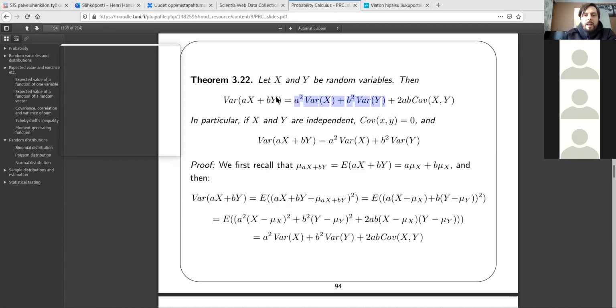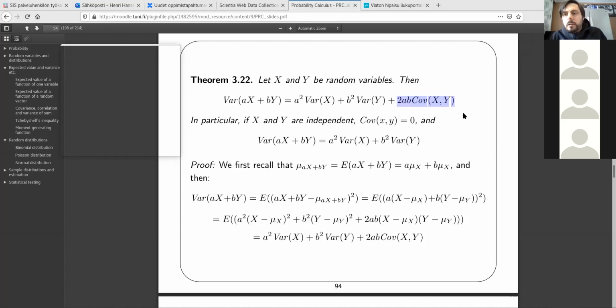But then, because you're adding X and Y, the variance of the sum is amplified if they have positive covariance, and it's diminished if they have negative covariance. Why? Well, if they have negative covariance, then when X is small, Y tends to be big, and vice versa. So they push the sum of X and Y towards the expected value of the sum.